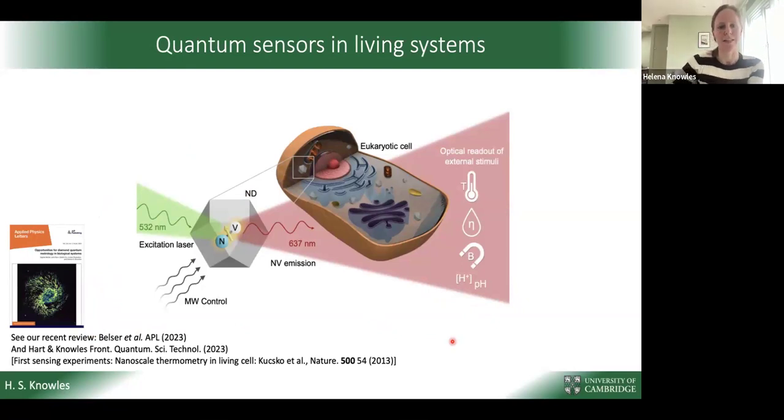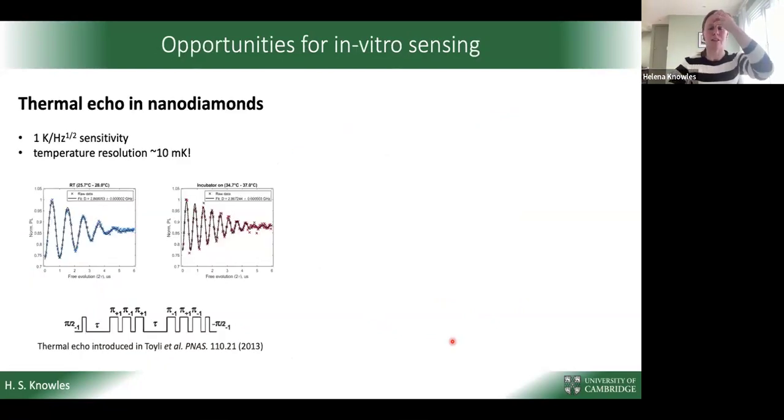I've got one last slide here on this section on some of the things that we're thinking about implementing in the future. This is very recent data on a diamond nanocrystal looking at a so-called thermal echo, which was introduced in 2013 by Toyli et al. This is a very interesting technique.